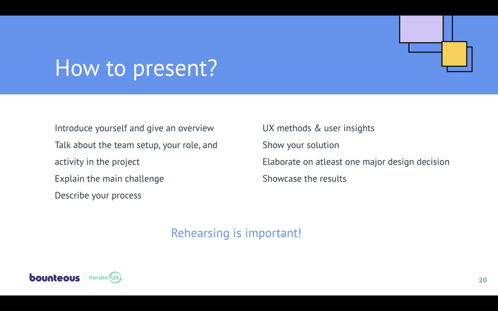And then talk about the team setup, your role, and your activity in the project. As I mentioned before, roles and responsibilities are very important. And then talk about the main challenge in the project, which is your problem statement. If this is the challenge you've been given, mention that, and this is what we've defined as the problem statement.